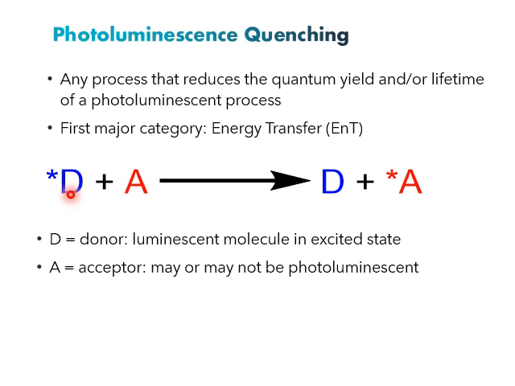The donor molecule would normally luminesce in the absence of the acceptor, but because it's transferring excited state energy to the acceptor, the amount of luminescence that you get from the donor reduces in the presence of the acceptor. Now, the acceptor may or may not be photoluminescent. When you generate the excited state of your acceptor, you may see photoluminescence that arises from that excited state, or if it's not luminescent, you won't observe it directly, but this excited state would still be populated.